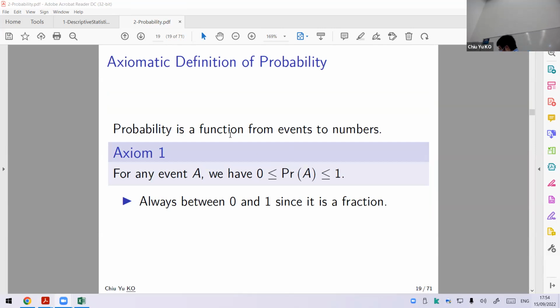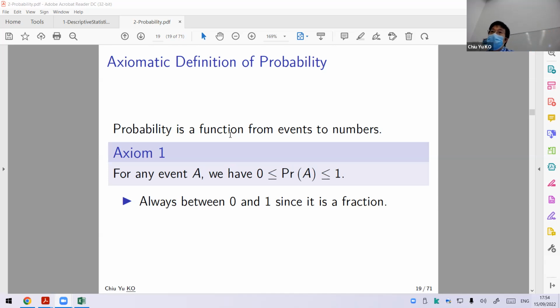So now we have learned all these operations, so we can define what probability is. For the definition of probability, we will have 3 axioms. You may wonder why we call them axioms. This is the way modern mathematics is done.